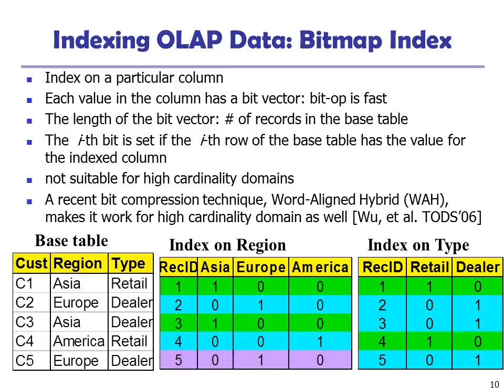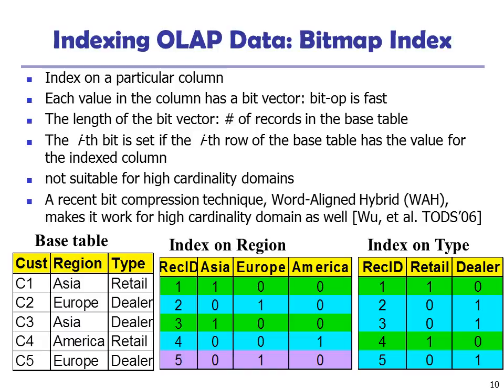The length of the bit vector is going to be defined by the number of records in your base table. So the ith bit is set if the ith row of the base table has the value for the indexed column. This method of indexing is not very suitable, especially if you have high cardinality domains.